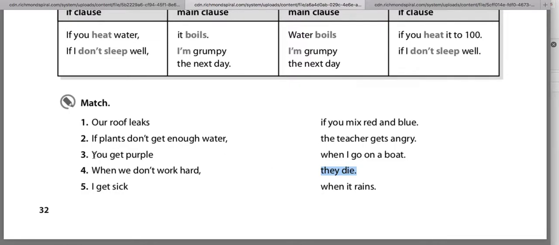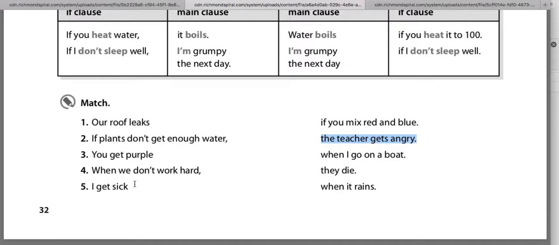Number three, you get purple. Excellent. If you mix red and blue. Yes, that is correct. Perfect. And the next one is when we don't work hard, the teacher gets angry.